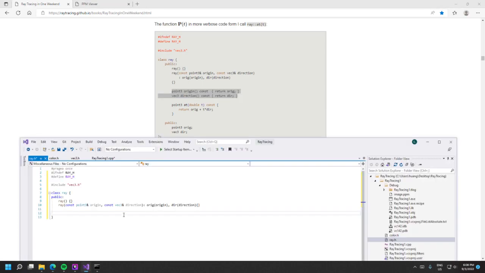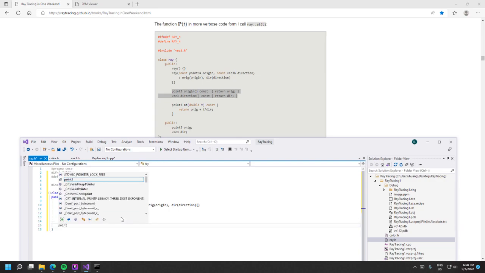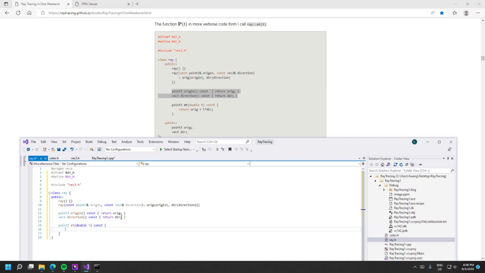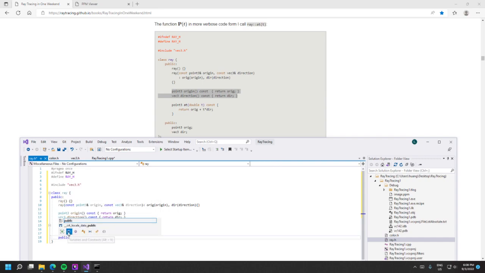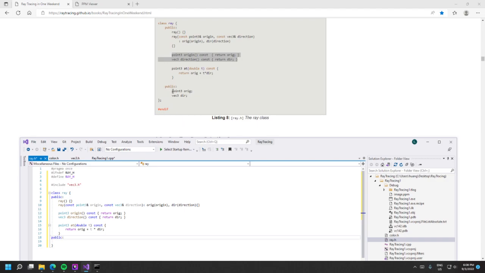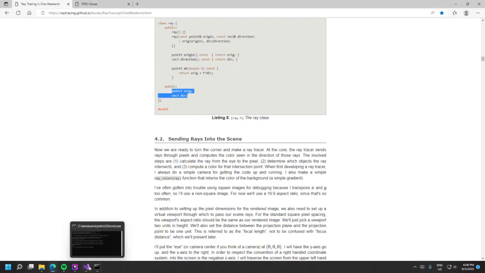Going to copy and paste that. Okay, and this at function is the P of t function that we are very interested in, I think, or it's just the backbone of why this could work, because it's a linear function that's representing the ray. Okay, and public. Yeah, public is just the point3 and vec3.